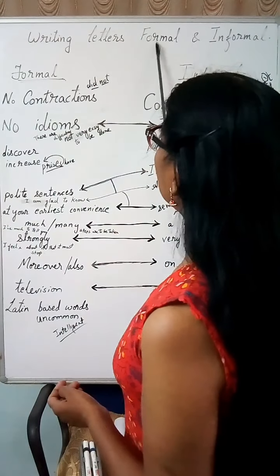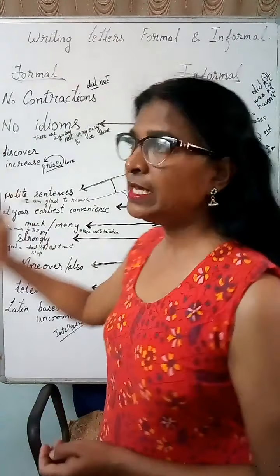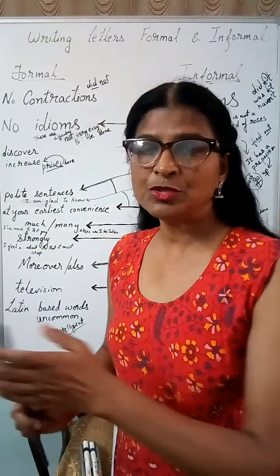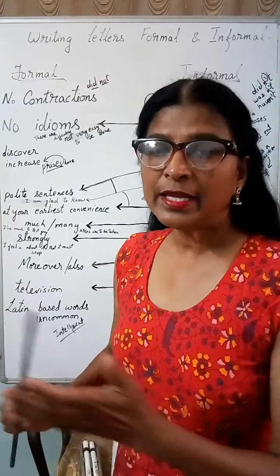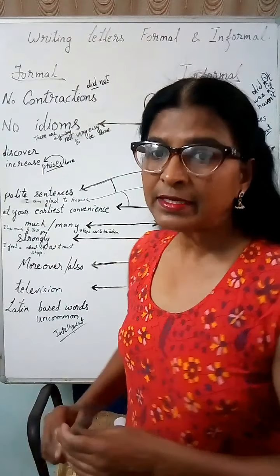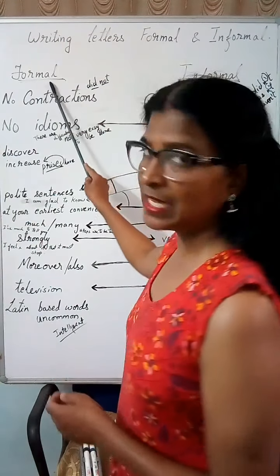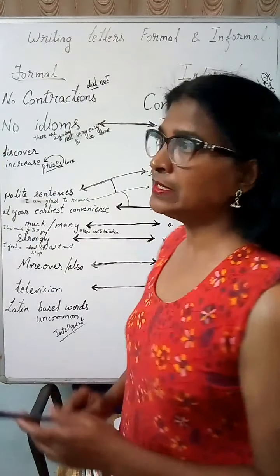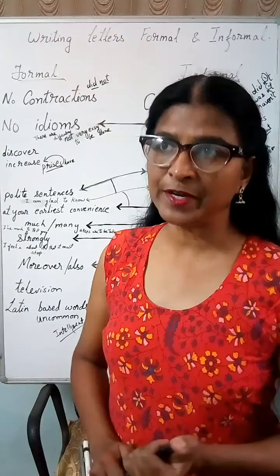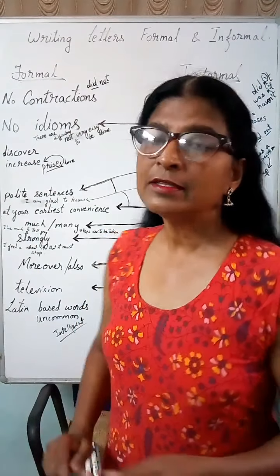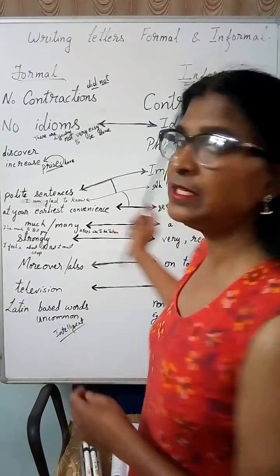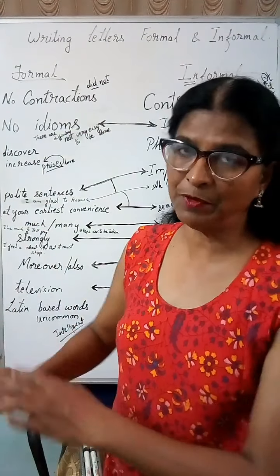Formal letters we write mostly to our boss, whenever we want to apply somewhere, any applications and all. That comes in formal letters. But when we write to our parents, our cousins, our friends, any colleague, those are informal letters, and we use different types of language with different types of people.